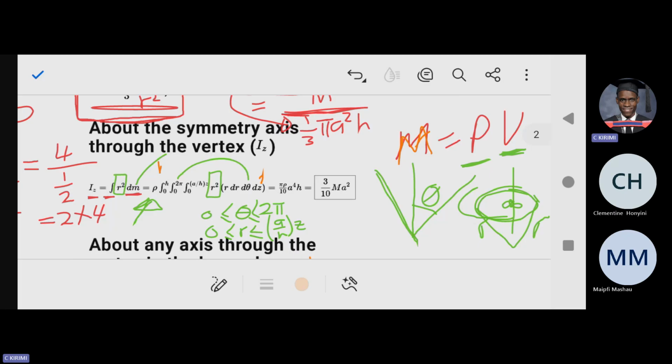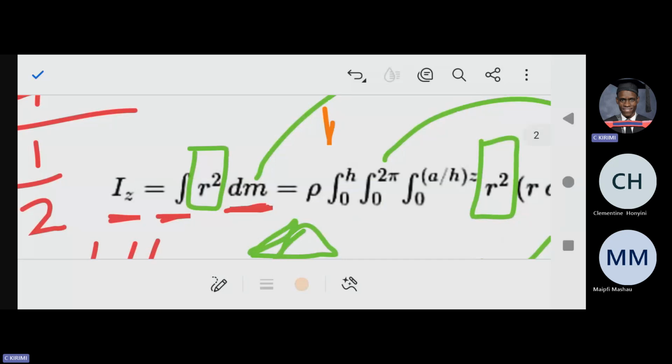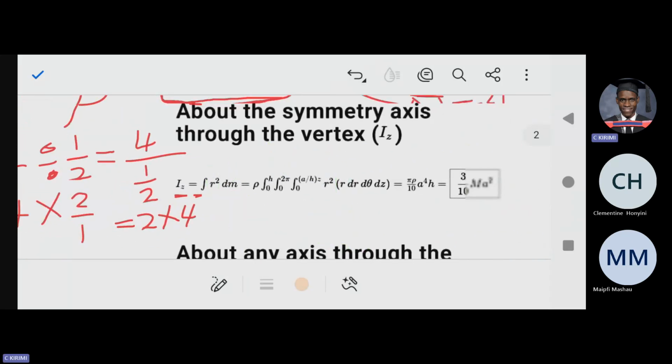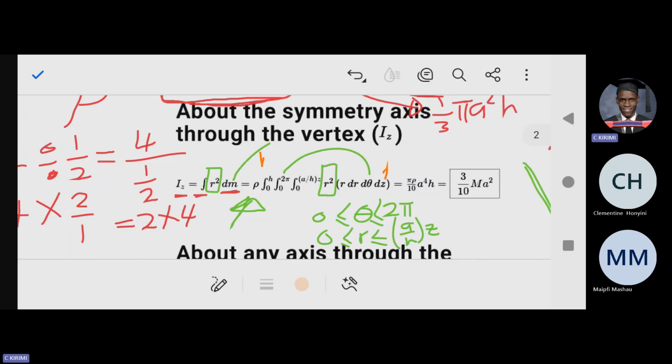So you'll be given that the moment of inertia along the z-axis of a cone is given by the integral of r squared, which is the radius, dm, which means you are integrating with respect to the mass, if you know the mass of the cone. So now we put it in 3 dimensions, rho, then it's the constant, which is multiplying everything in the integral.